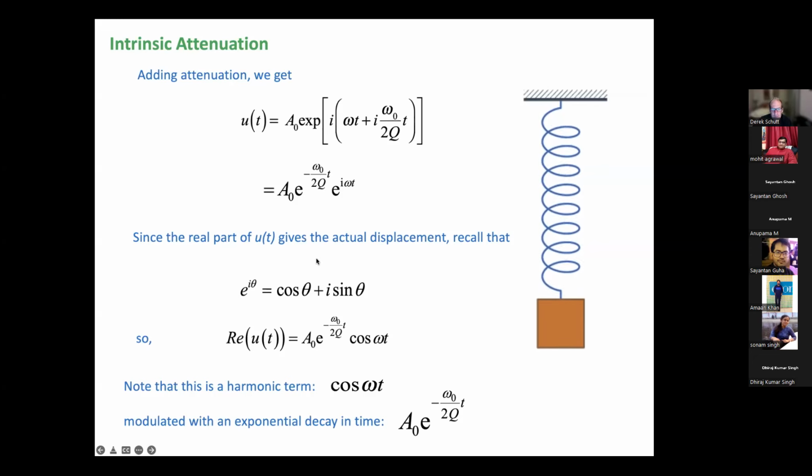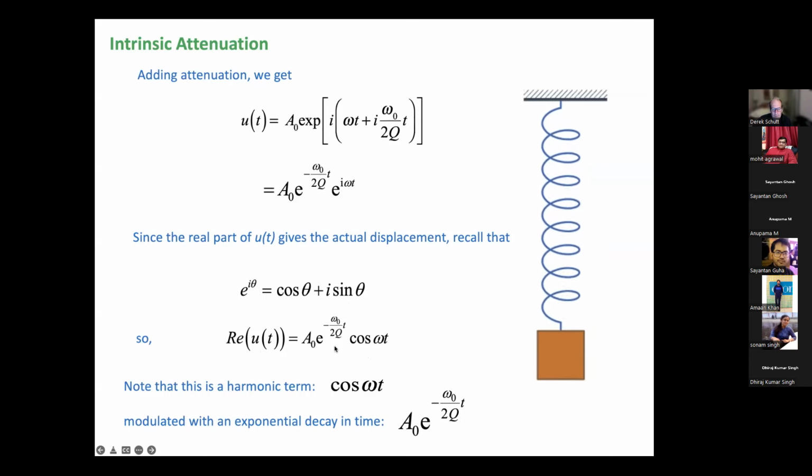Since the real part of u(t) gives the actual displacement, we can use Euler's rule that says e^(iθ) equals cosine θ plus i sine θ to calculate the real value of u(t), and we get this here. Again, this is a sinusoidal wave and then a damping term.